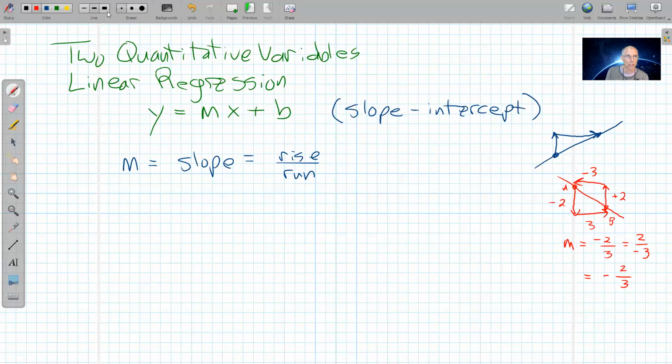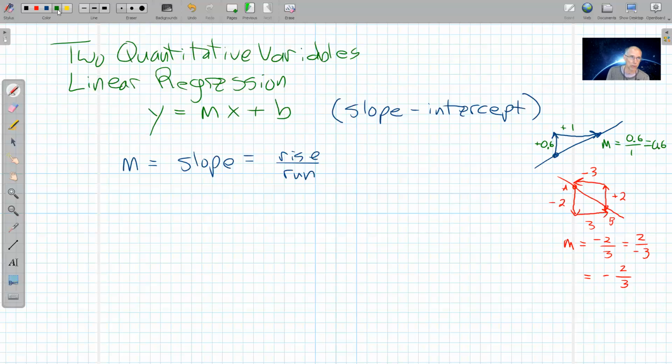For this one up here, let's suppose we go up 0.6 and then right 1. So that slope, m, would be 0.6 over 1 or just 0.6.